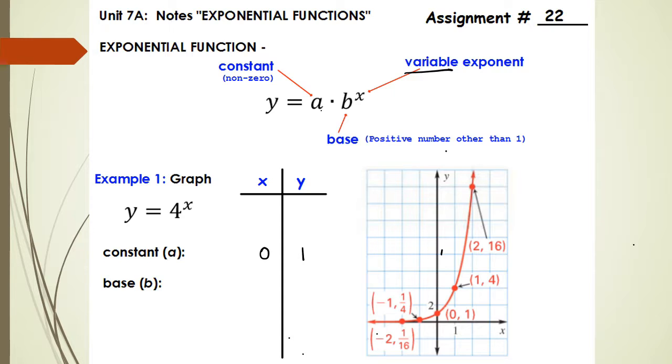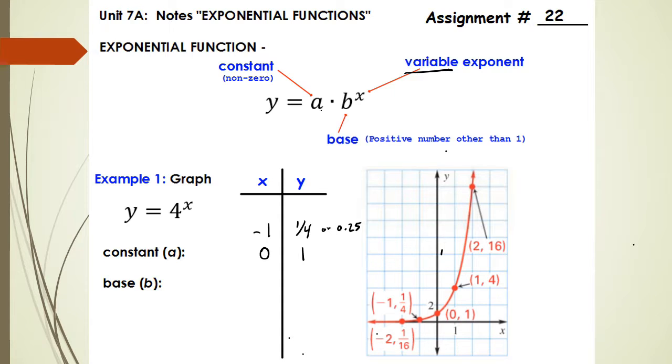Now if we were to go backwards, all right, like -1, then we would have 4 to the -1, which is the same as 1 over 4 to the first. Well, 4 to the first is just 4. So really that's 1/4, or in decimal form, 0.25, right? 25 cents.